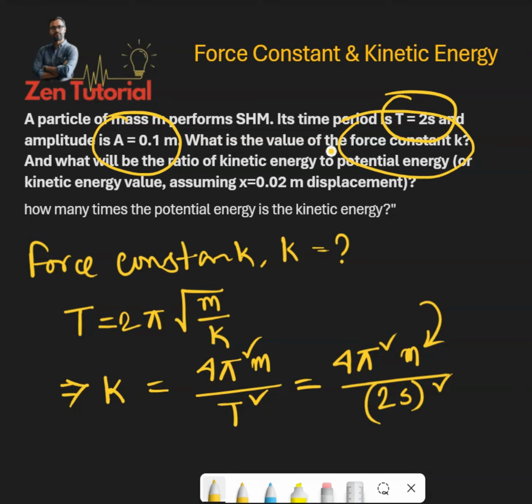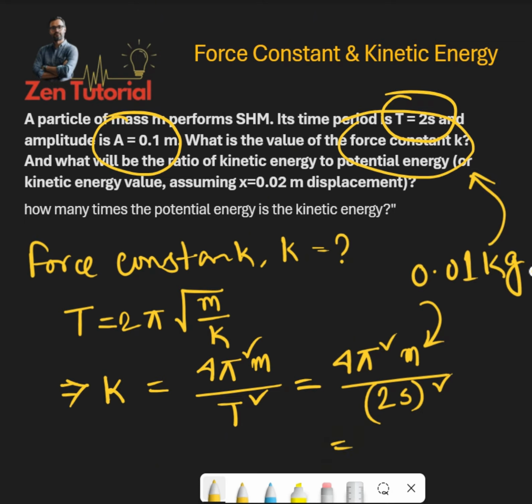Let's consider the value of m to be 0.01 kg. It's supposed to be within the question here, somehow missing from the question. So anyways, doesn't matter. We just consider the mass is 0.01 kg.